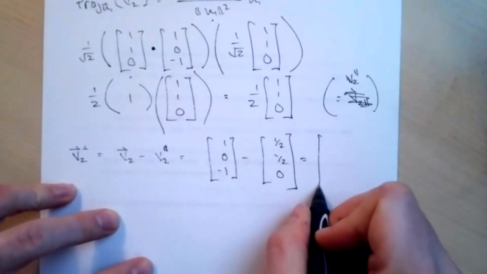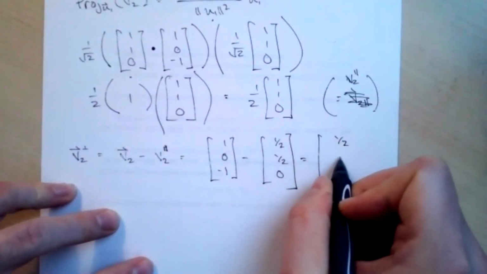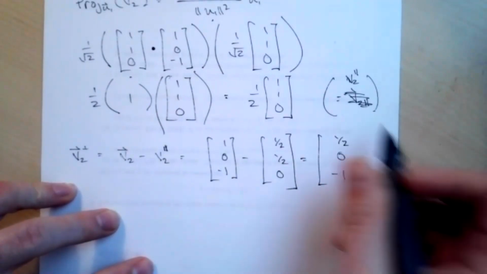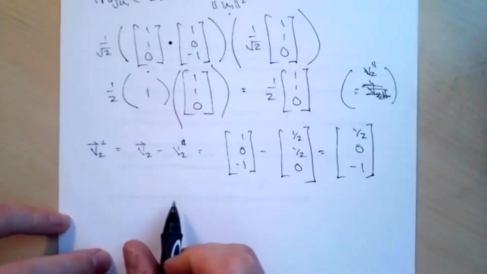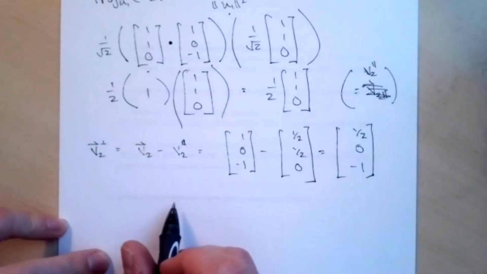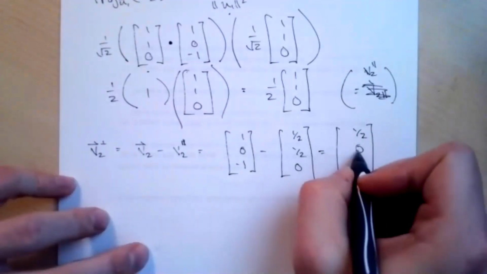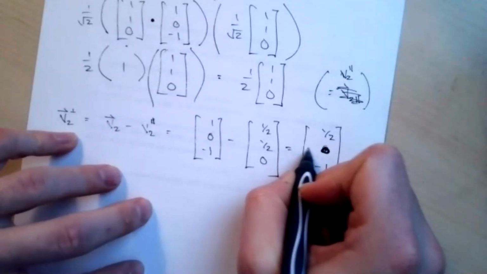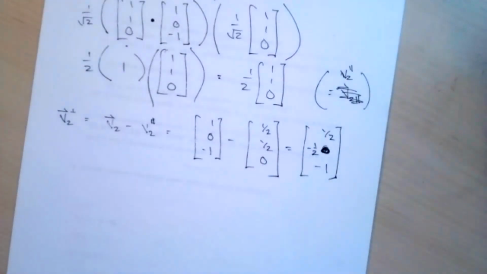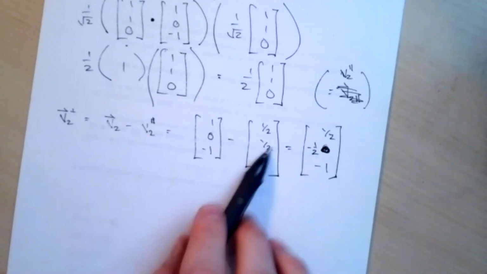And we get 1/2, 0, and minus 1. Did I miss something? I did. Something's not right. This should be a minus 1/2 here. Gotta remember that, minus 1/2.